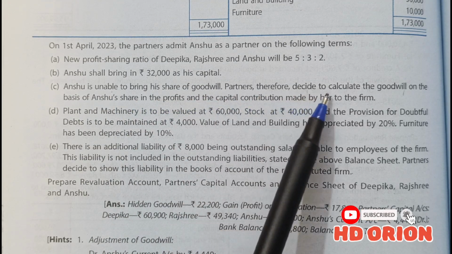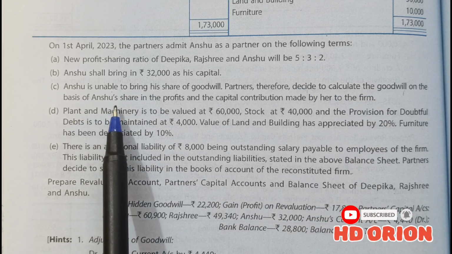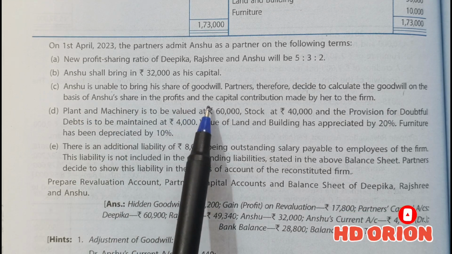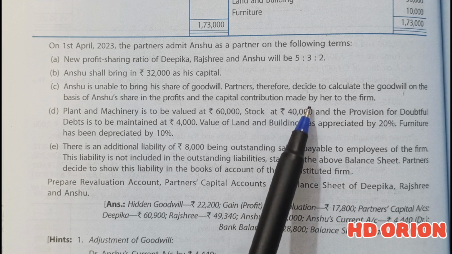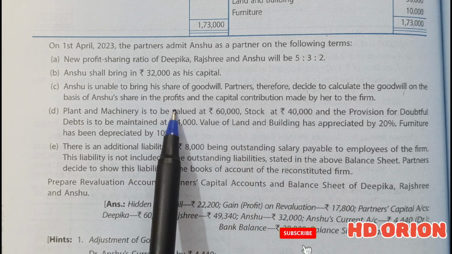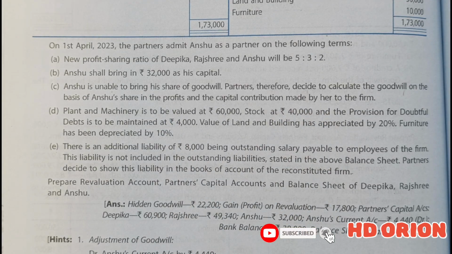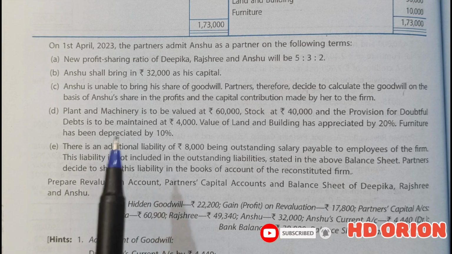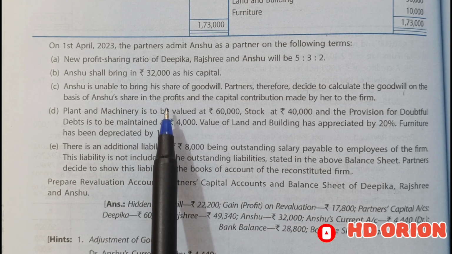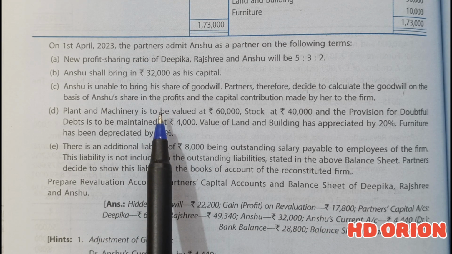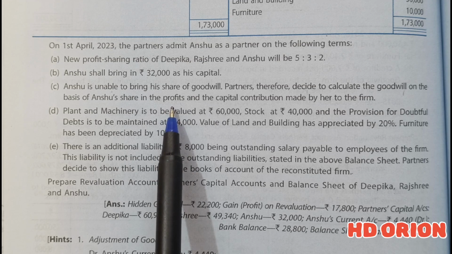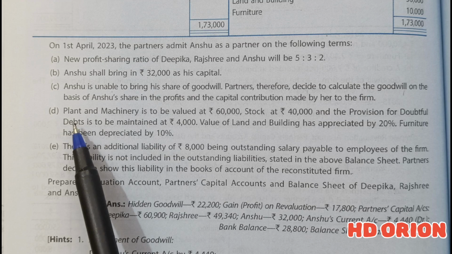Partners therefore decide to calculate the goodwill on the basis of Ashu's share in the profit and capital contribution made by her to the firm. It means valuation of goodwill we have to do here, and here it is hidden goodwill. So the concept of hidden goodwill we have to apply for calculation of goodwill of the firm.